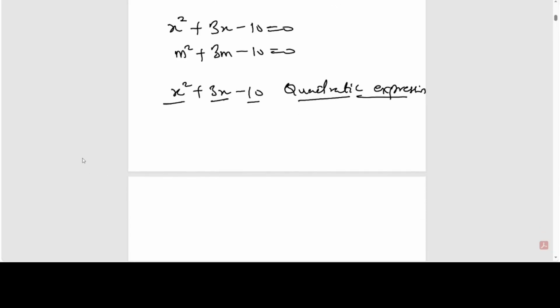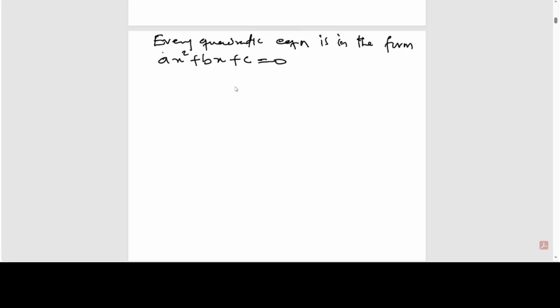We are going to make a general claim that every quadratic equation is in this form: ax squared plus bx plus c is equal to 0. So this is for every quadratic equation, where a, b, and c are constants, right?